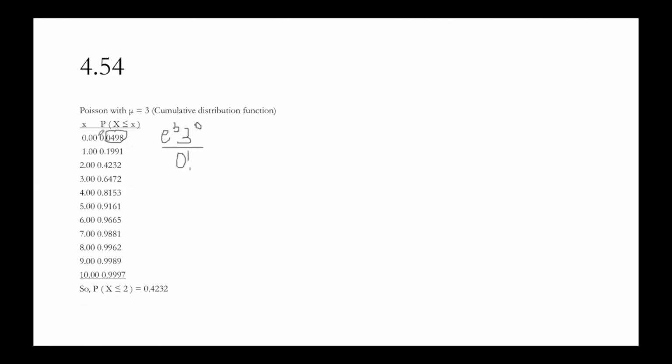And then we take this number and add it to the next one here. And so here we plug in that x is equal to 0. So here will be e to the power of 3, and then 3 to the power of 1 divided by 1.